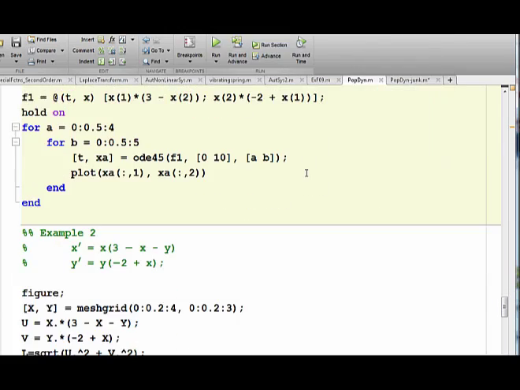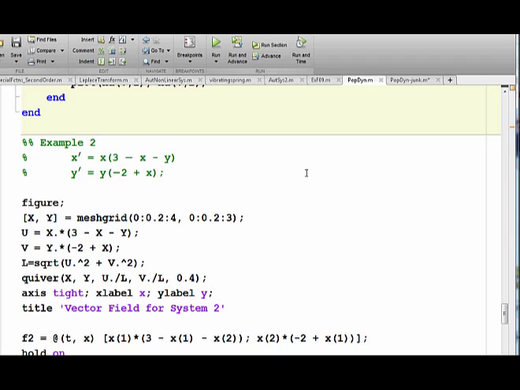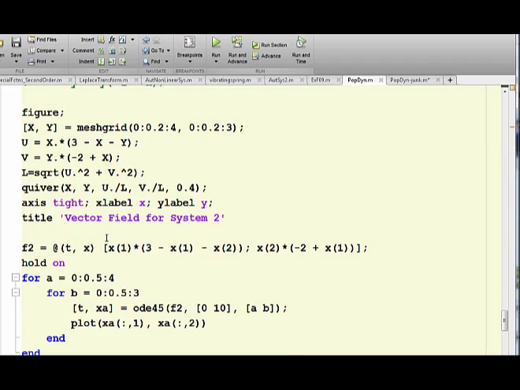Okay, second example. Same as before, except now there's a logistic term. That's the term right here. So that puts a constraint on the growth of the prey if there were no predators. The code is the same, just the change of the formulas here and here. Let's run it.